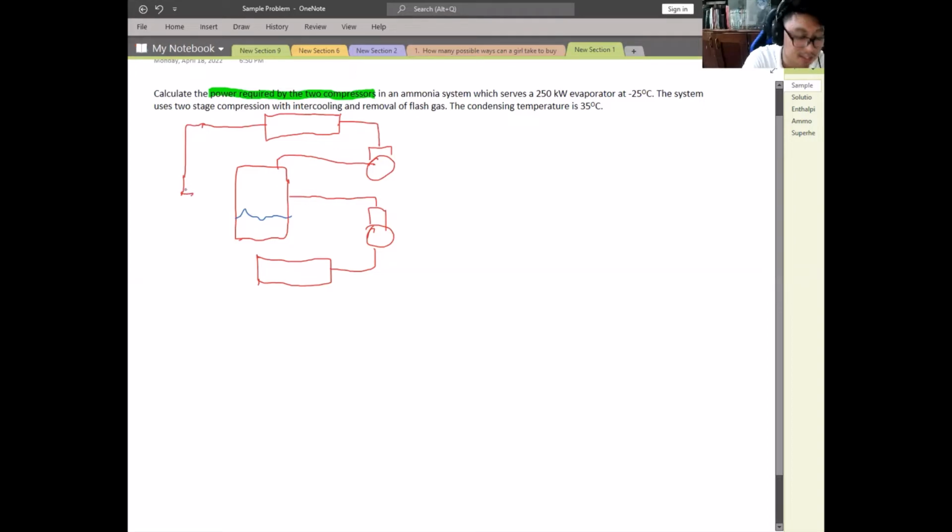In the schematic diagram in the book it is a pressure reducing valve. It has the same function as the expansion valve.